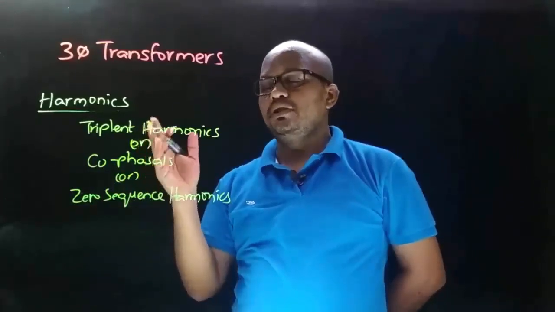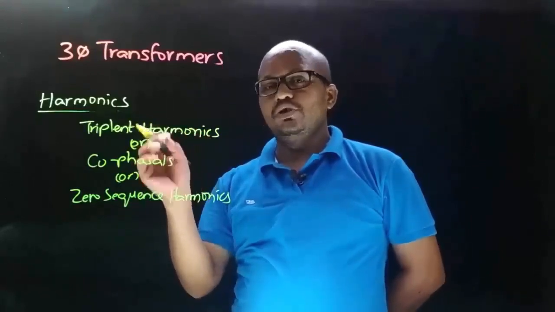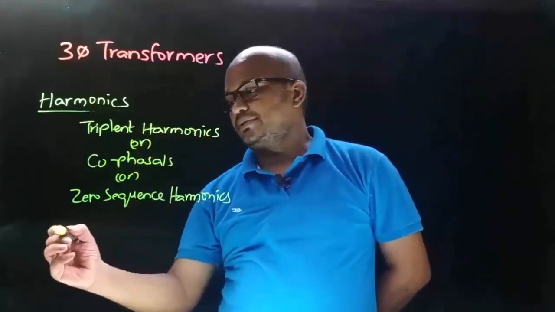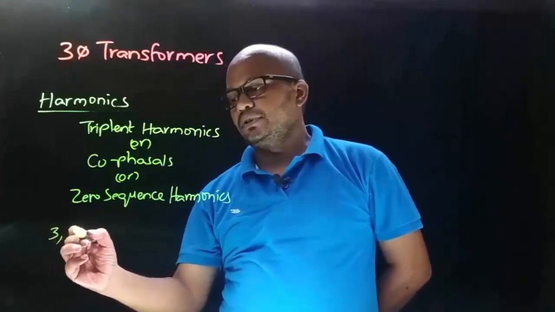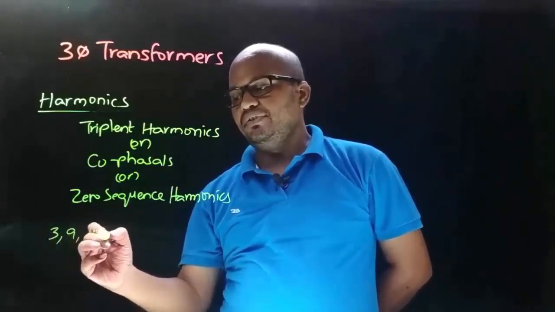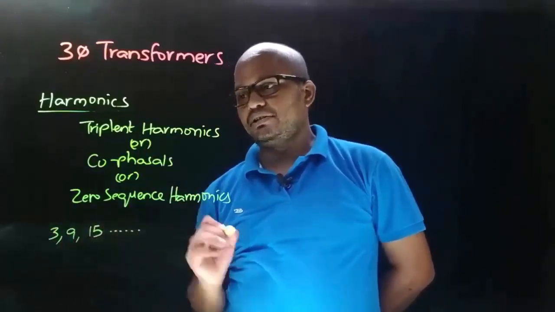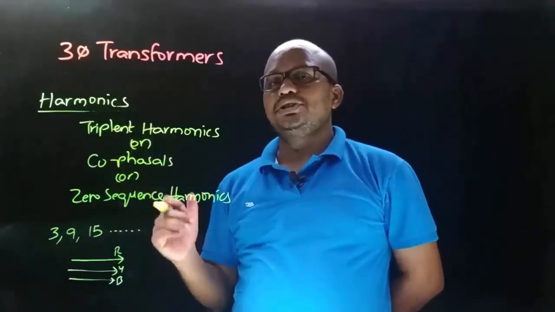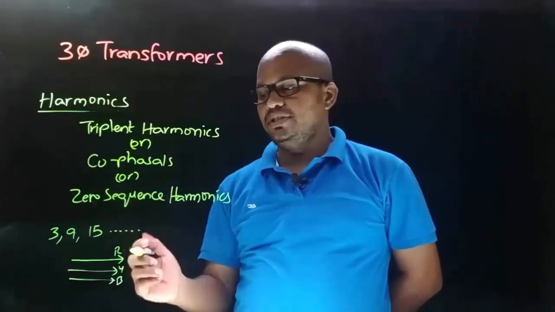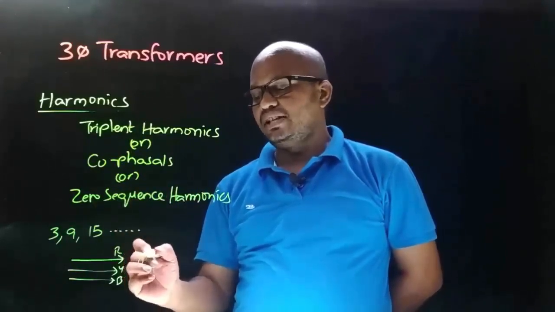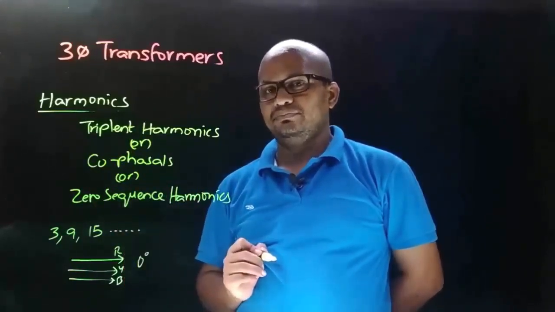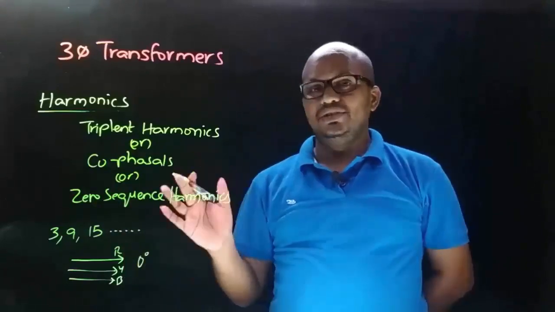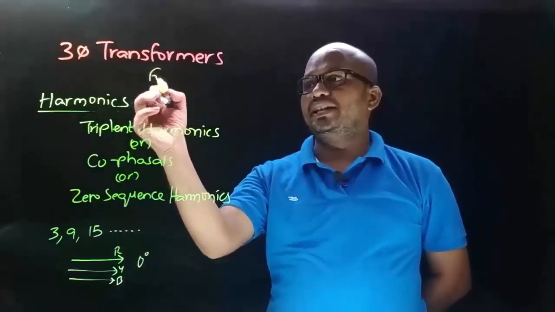Triplen harmonics means odd harmonics which are multiples of 3, meaning 3, 9, 15 and so on are the triplen harmonics. And why triplen harmonics are called zero sequence harmonics: they have a phase angle difference of 0 between each other, and this you can understand from Fourier analysis.